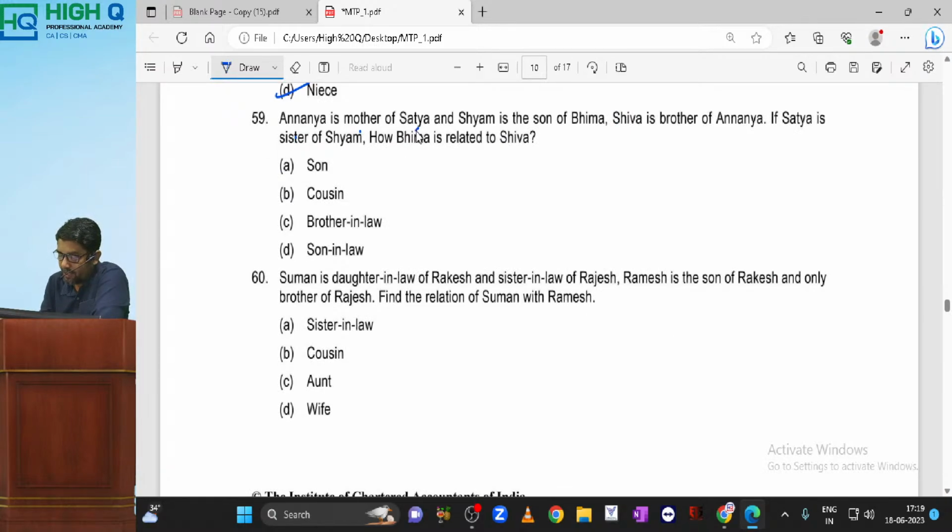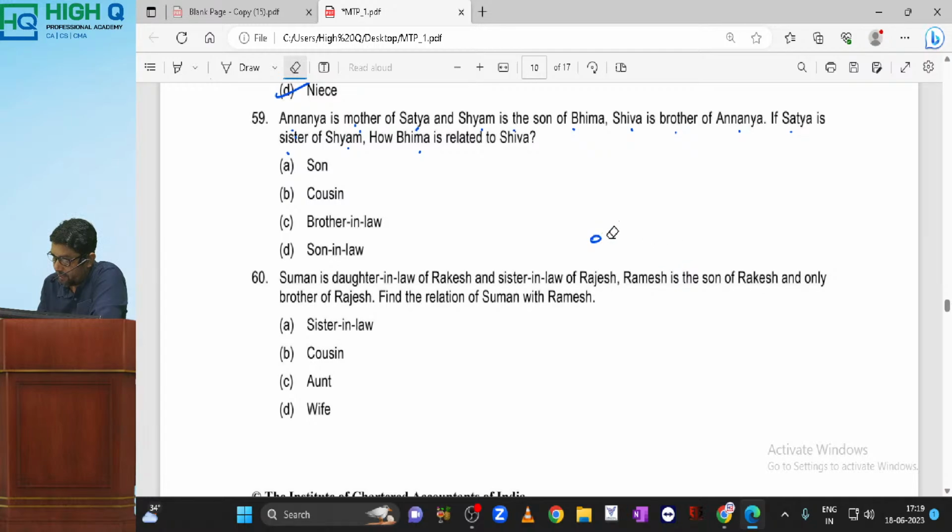Ananya is mother of Satya and Shyam is the son of Bhima. Shiva is brother of Ananya. Satya is sister of Shyam. How is Bhima related to Shiva? Okay. Ananya is mother of Satya and Shyam. And Shyam is the son of Bhima. We don't know where Bhima is.